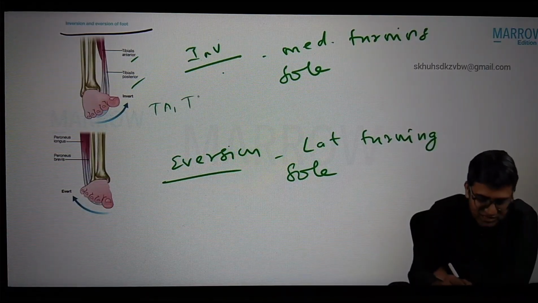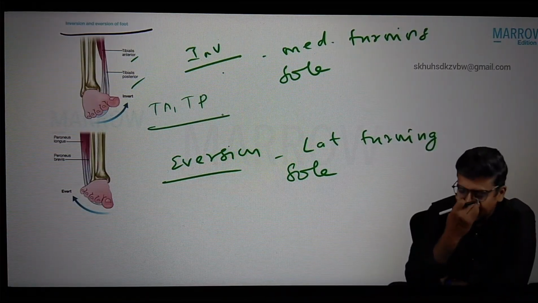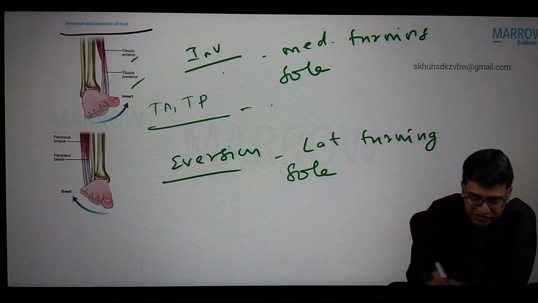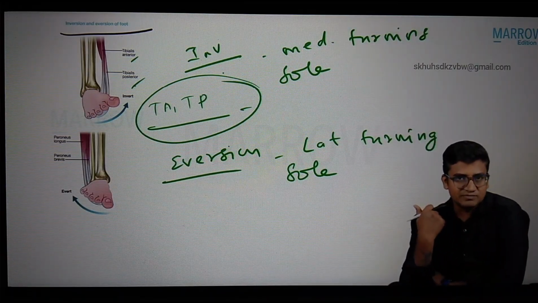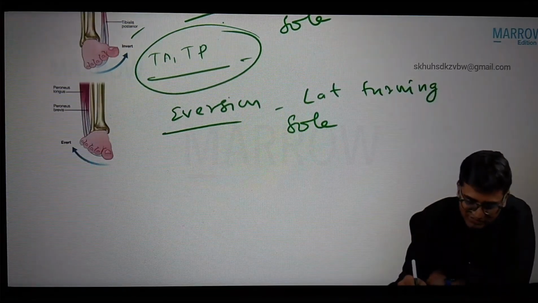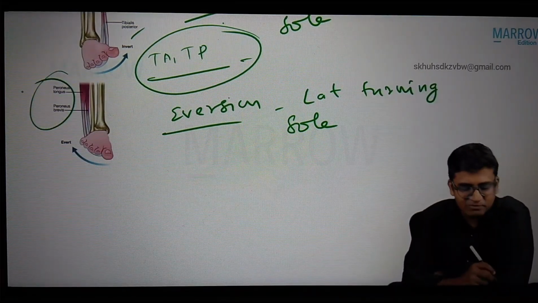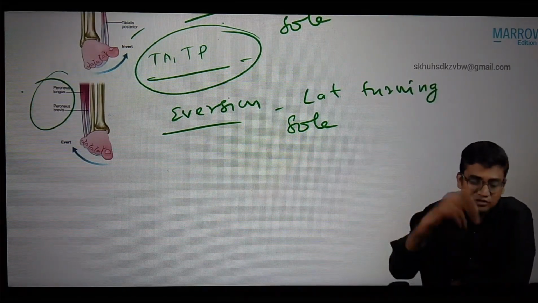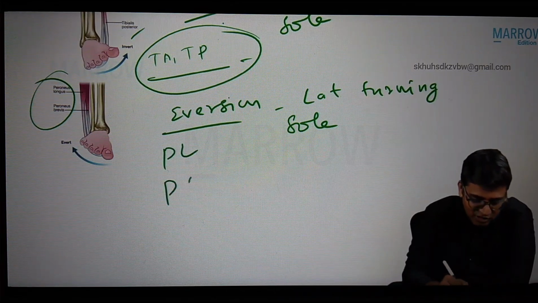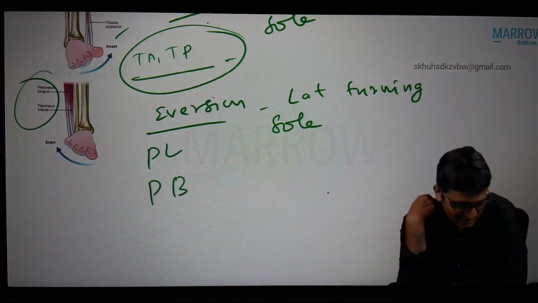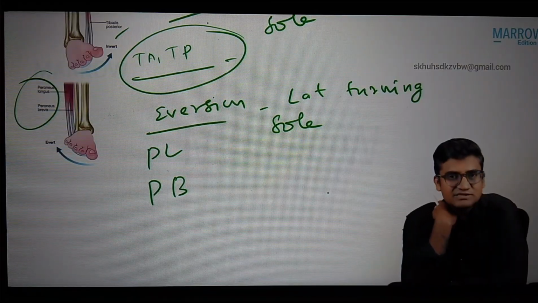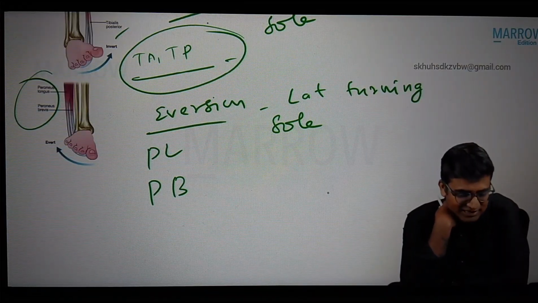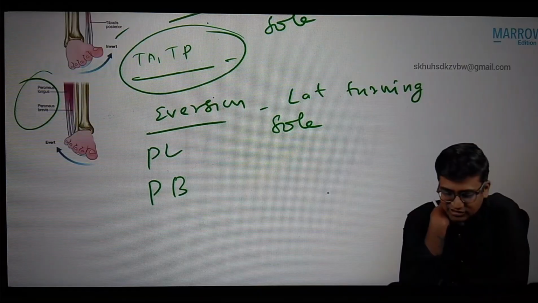Tibialis anterior and tibialis posterior. These are the two main muscles on the medial side helping inversion. What about eversion? Eversion is done by peroneus longus and peroneus brevis, the tendons on the lateral side. Okay? Right. So, these are the muscles doing this movement, and we know this movement occurs at three joints: the posterior talocalcaneal joint, the talocalcaneo-navicular joint, and the transverse talar joint.